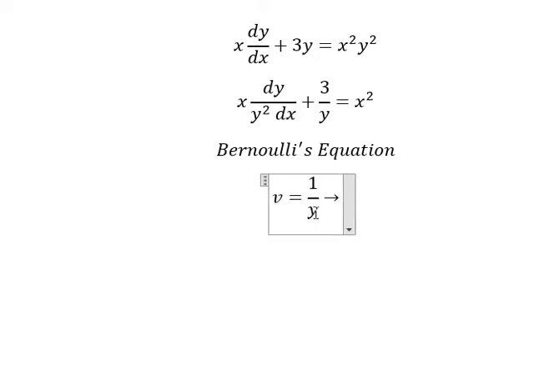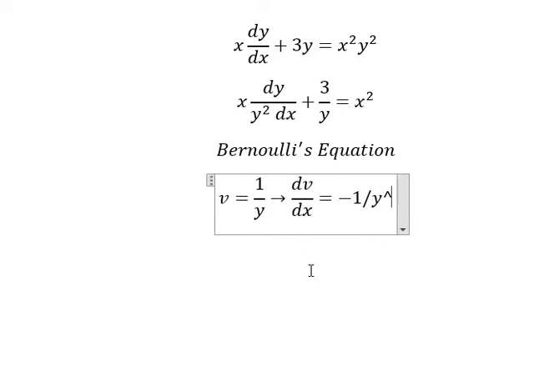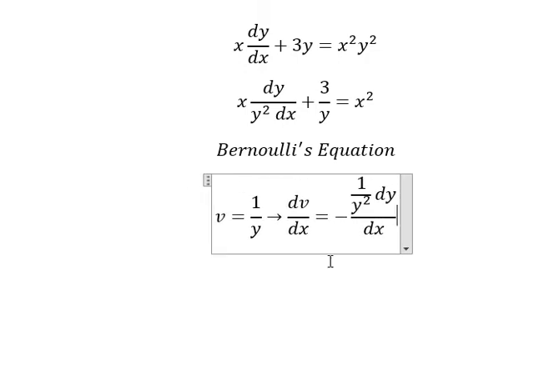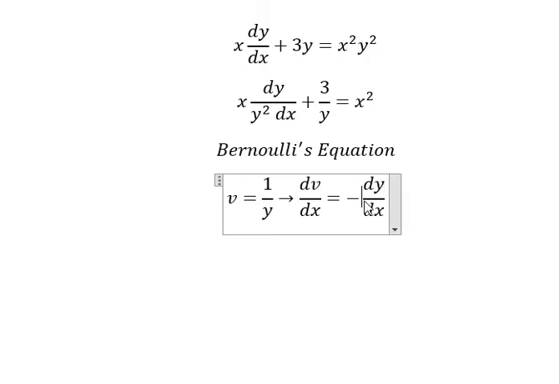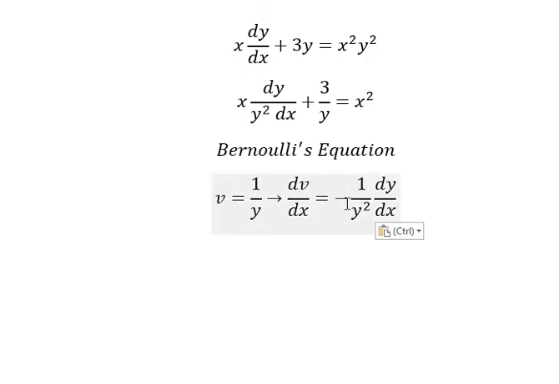Later we first take the derivative of both sides, and we have it like this. So we see that we don't have a negative sign in here, so I will move the negative to the left.